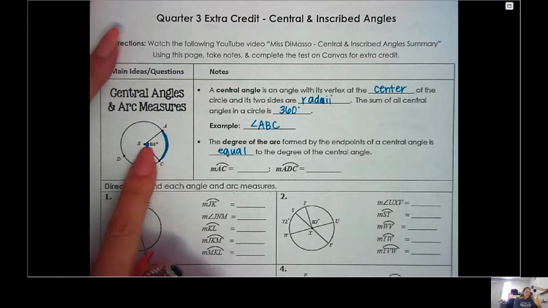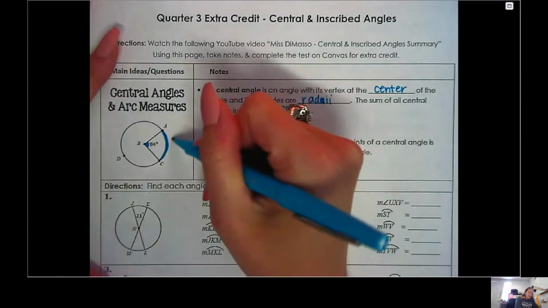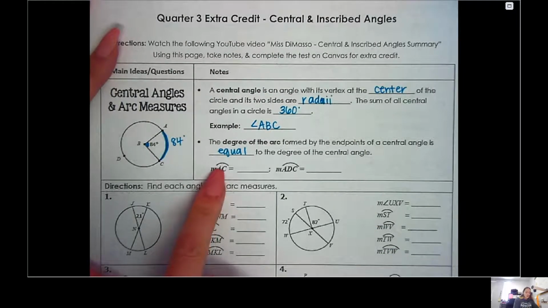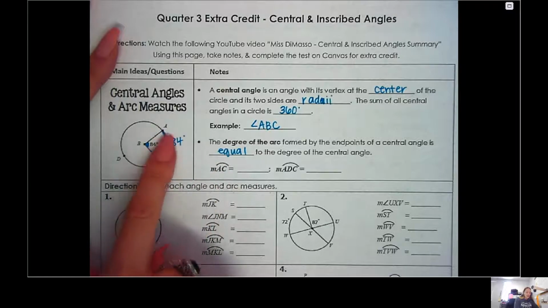Since angle B is 84, this arc is also 84 degrees. This says measure of arc AC. The little swoop on top means it's an arc. So the measure of arc AC is 84 degrees.